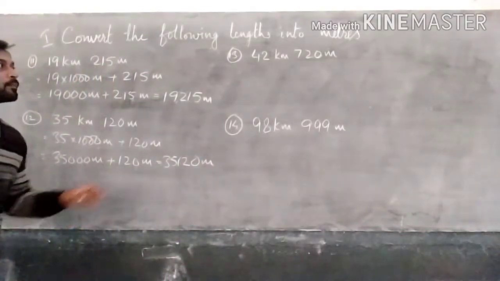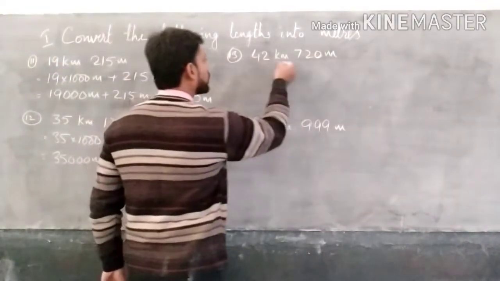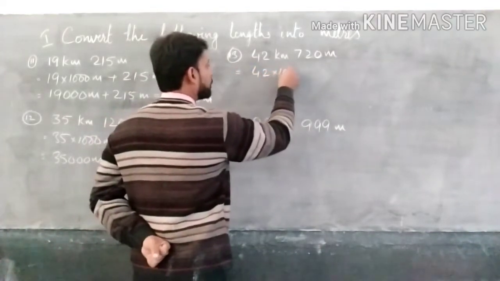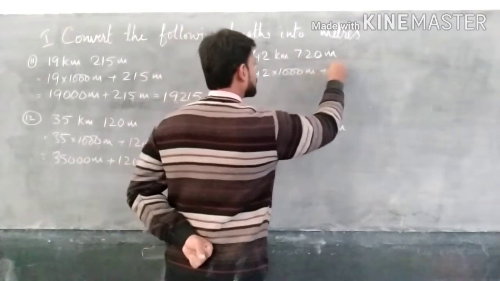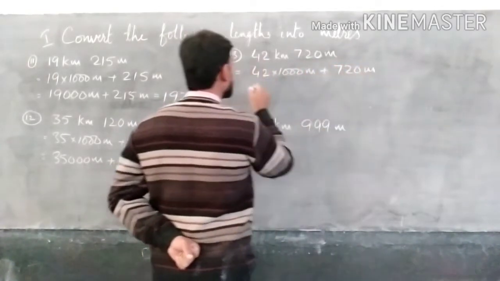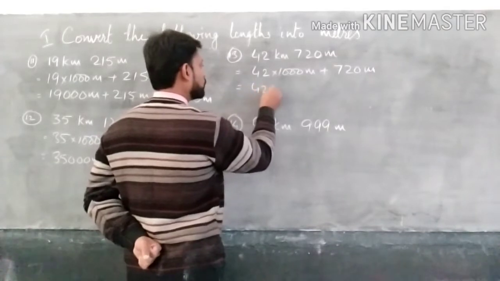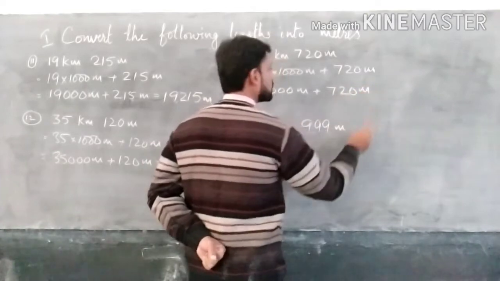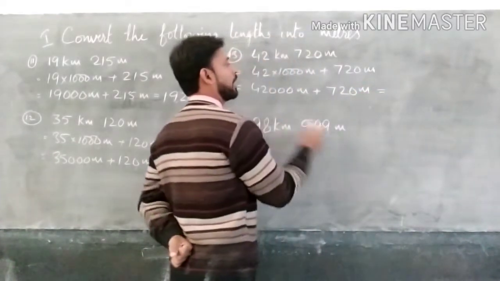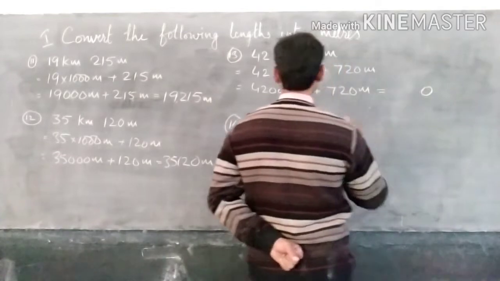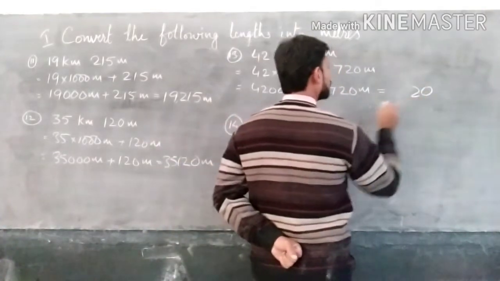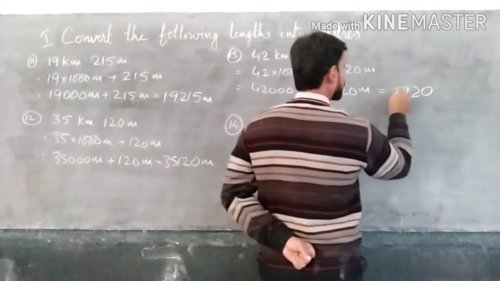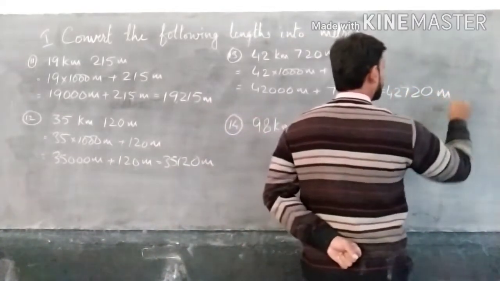This is the answer. Now the 13th question, 42 kilometers, 42 multiplied by 1000 meters plus 720 meters. This is equal to 42000 meters plus 720 meters, and that you can add. So 0 with 0 is 0, then 2 with 0, 2, 7 with 0, 7, then 2 and 4, 2 and 4. That much is the answer.